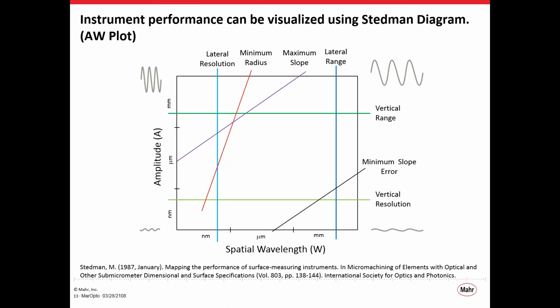Okay, very good. And while we're waiting for that, I'd like to mention that the Steadman diagram is not always so clear-cut for every instrument. It's a very good way of summarizing the data and looking at how different instruments overlap in their measurement range.